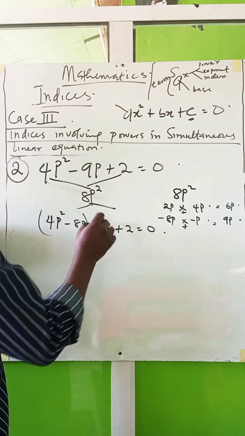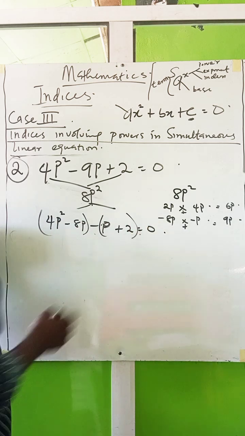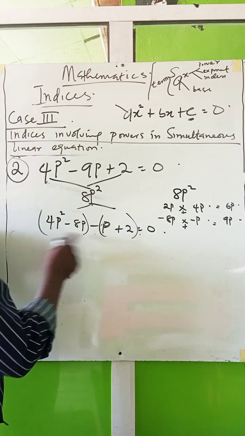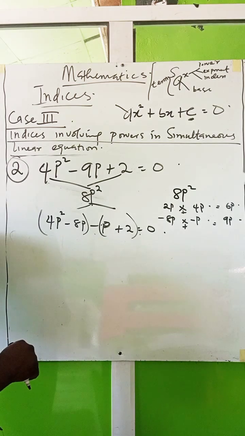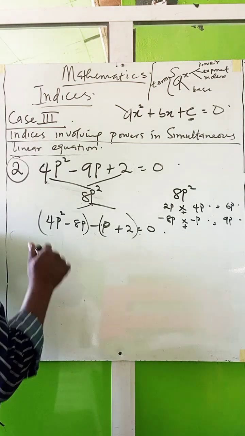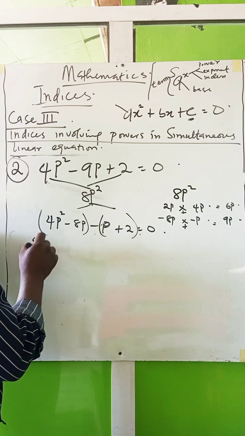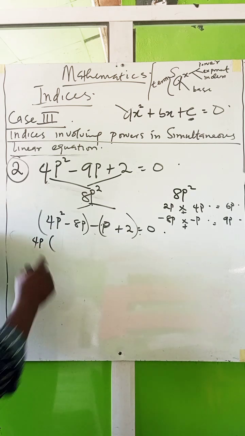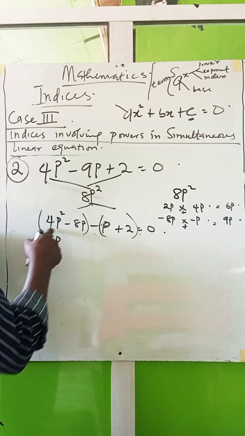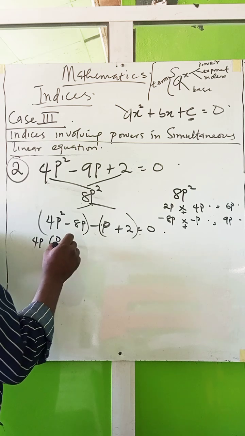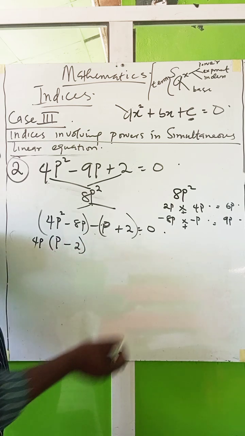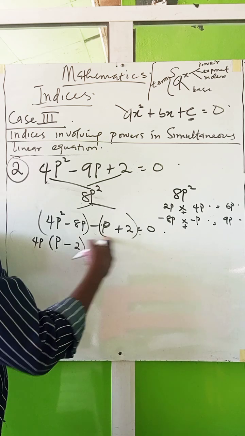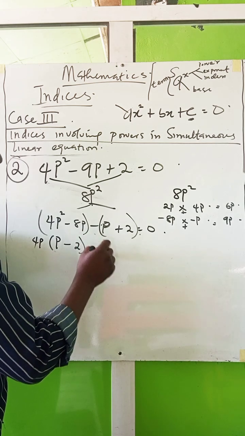Group this. We look for a factor here. What is common to both? 4p, I guess. 4p goes into this and remains p. Minus, this goes into this and remains 2. What's the factor here? Minus 1.